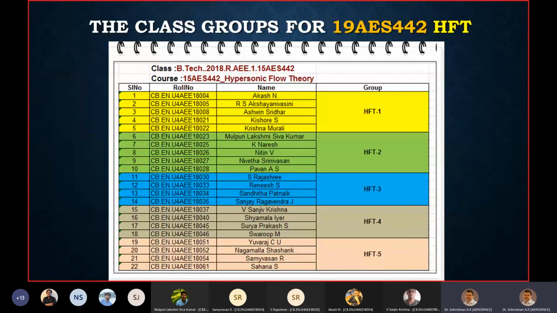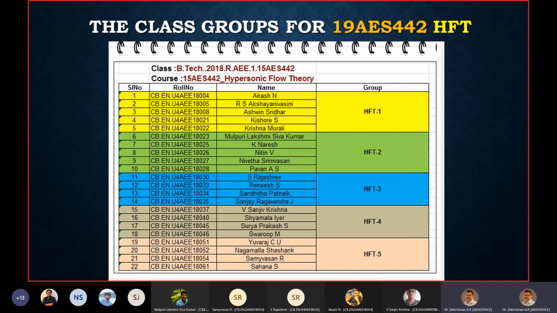Again, I'll leave it here. In fact, I make it the first assignment for you. For the assignment, not for the entire class, I will go group-wise. So I would request group 1, HFT1, to make a small presentation on Mach number and Reynolds number. You don't have to say a lot, but 2-3 slides, or even 2 slides, will do.